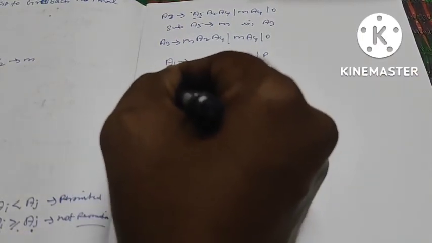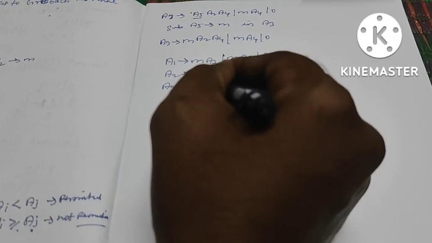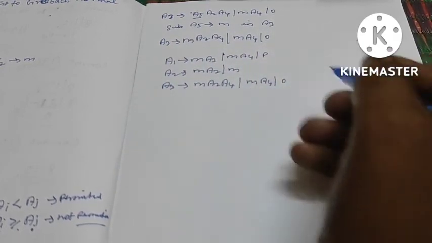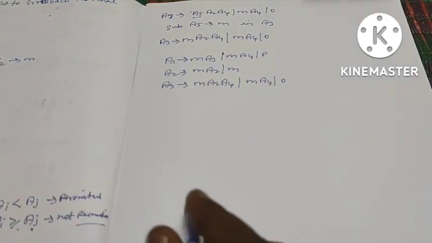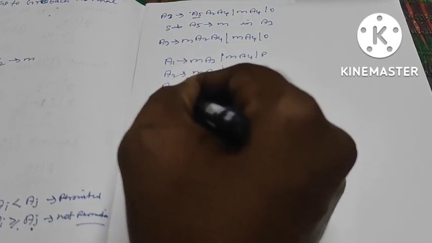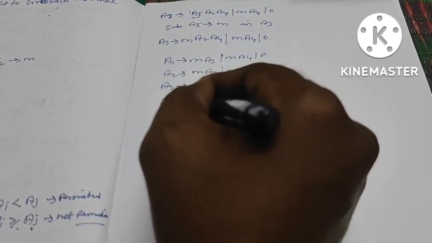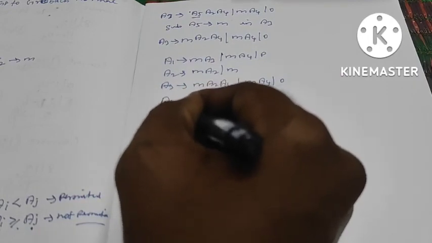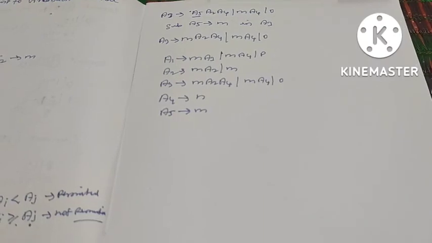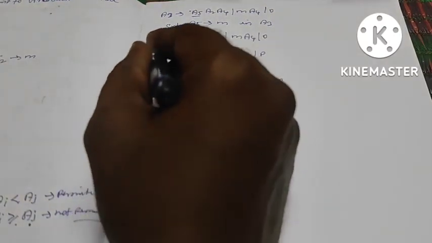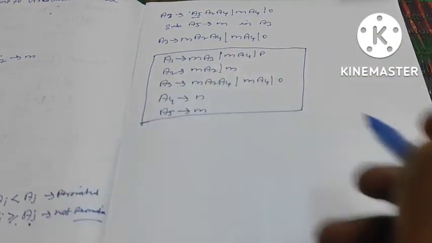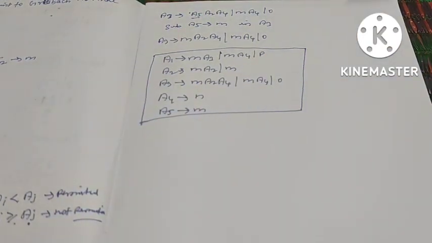A3 we have written as A3 tends to M A2 A4 bar M A4 bar O, another production. Now A4 is N here, and A5 is M here. That's it. When you closely observe these productions, everything is in Greibach normal form. This will be the answer for the given productions. Thanks for watching the video. Have a good day.